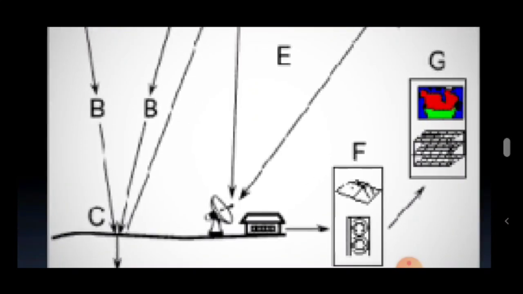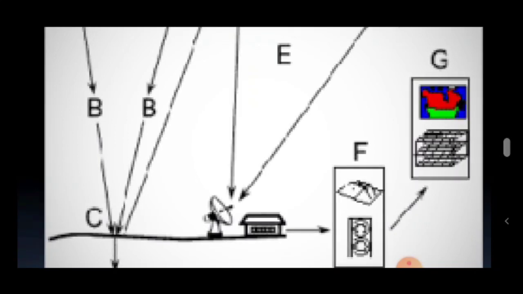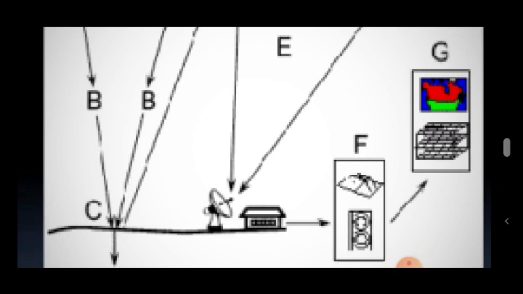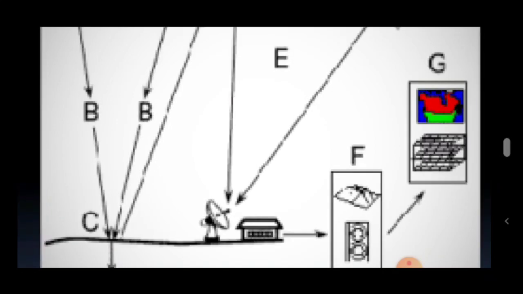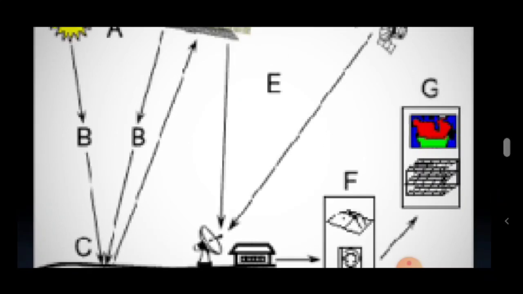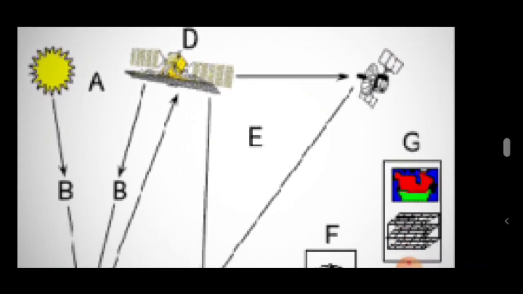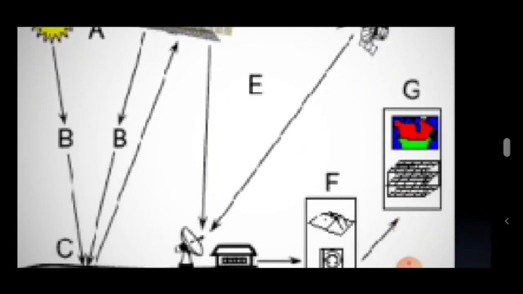has to be transmitted. Simply transmitted. Yeah, energy has to be transmitted or received and also to be processed. The energy recorded by the sensor has to be transmitted when it is in electronic form.